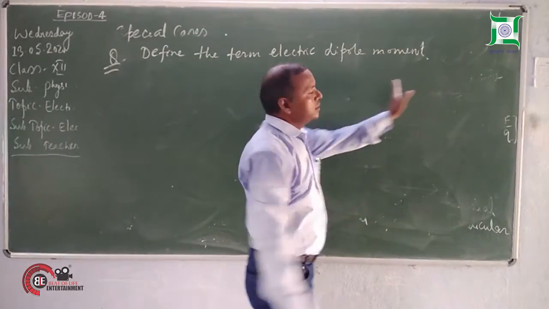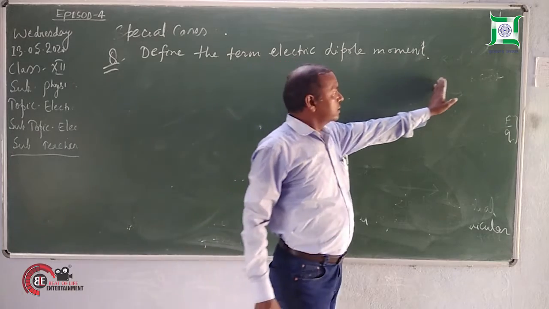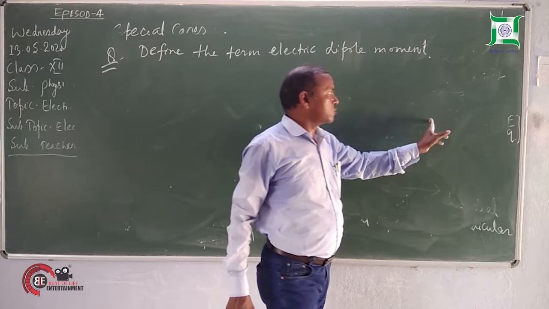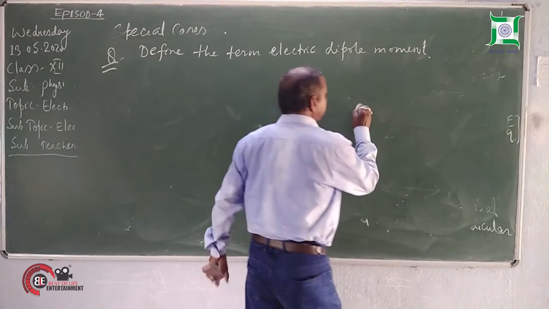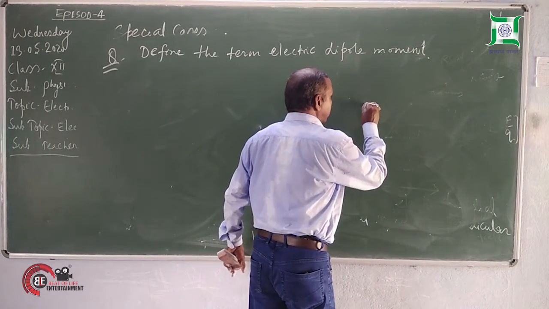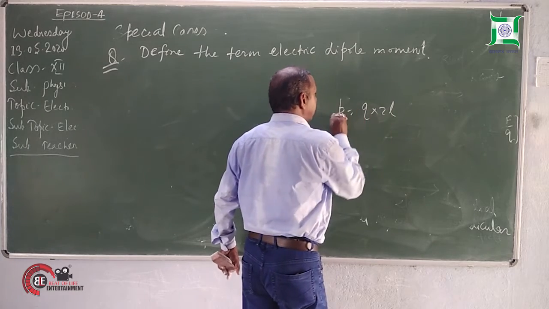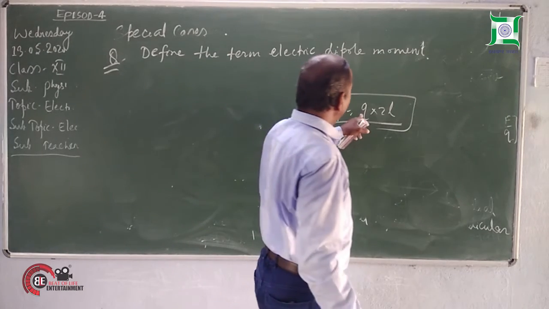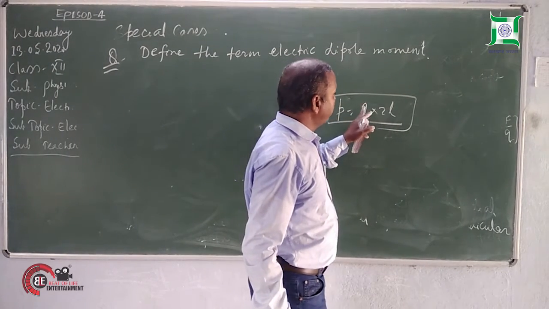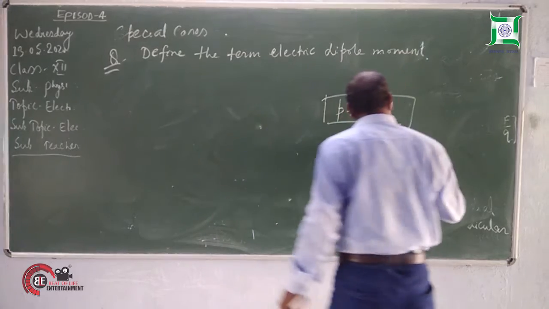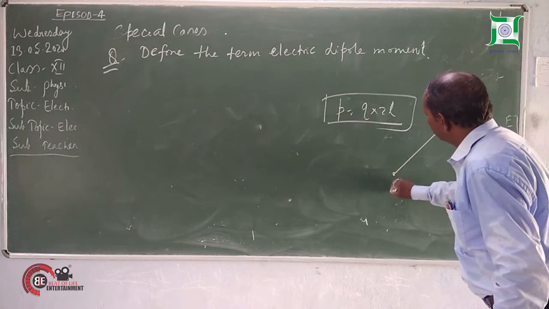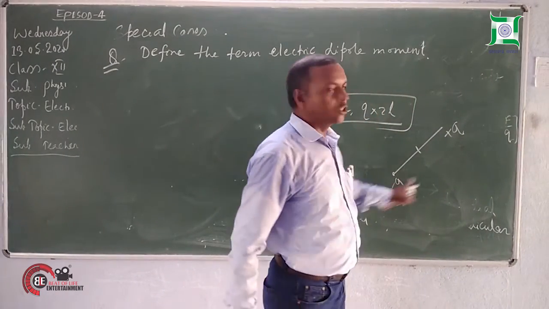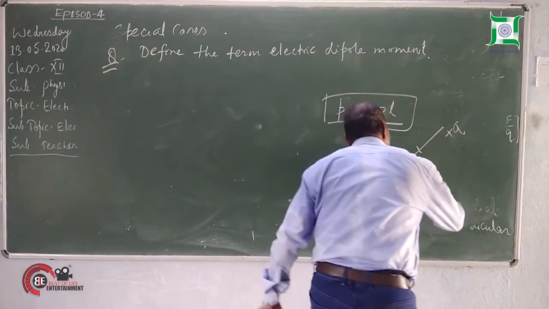It is very simple. The definition of dipole moment is the product of the magnitude of any point charges of the dipole and the separation distance. We have already discussed that q into 2l is the dipole moment. It is a vector quantity. In the dipole there are two equal and opposite point charges, plus q and minus q, separated by some distance.